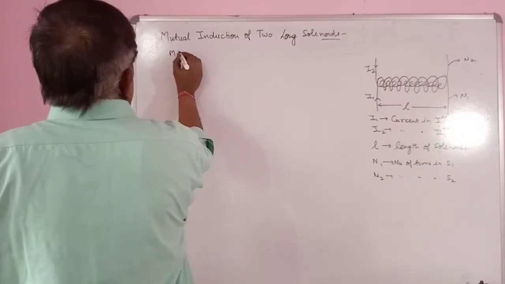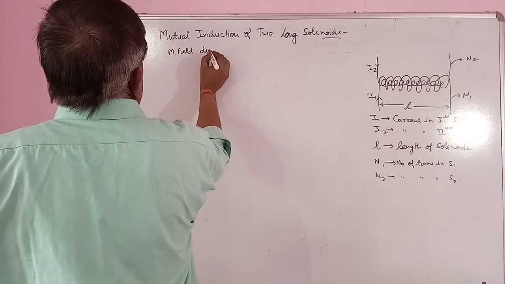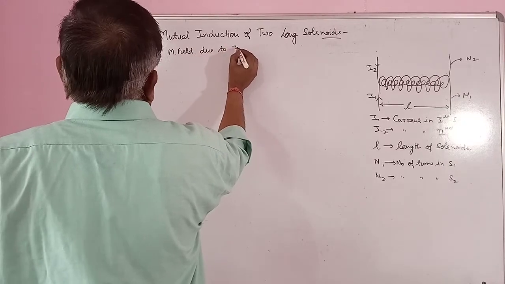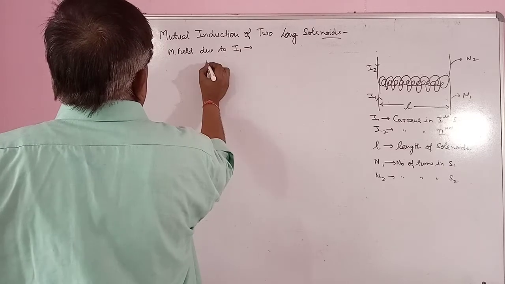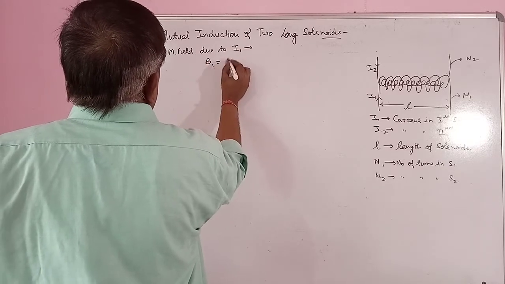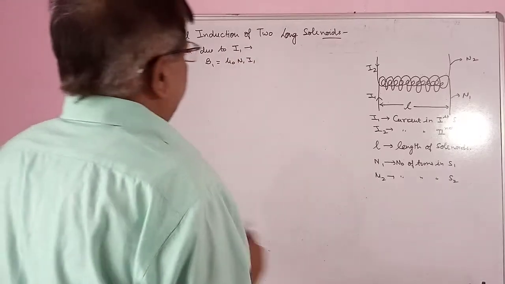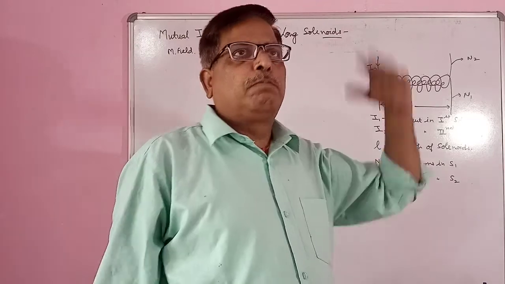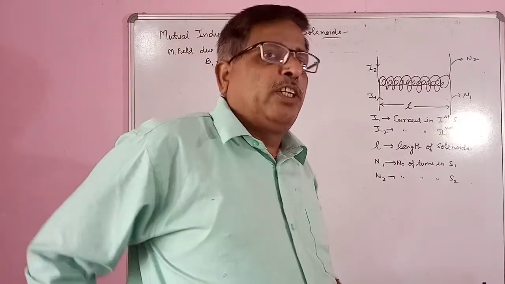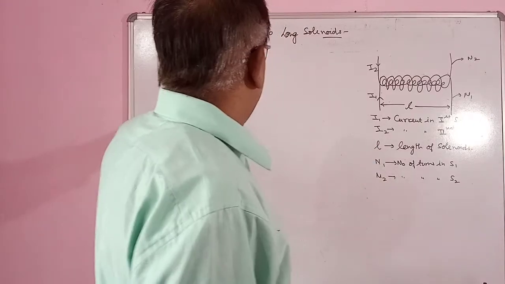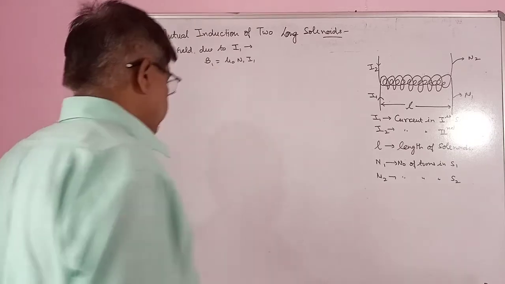The magnetic field B1 equals mu naught N1 I1. We have discussed this topic in previous videos on solenoids, so we know this formula.